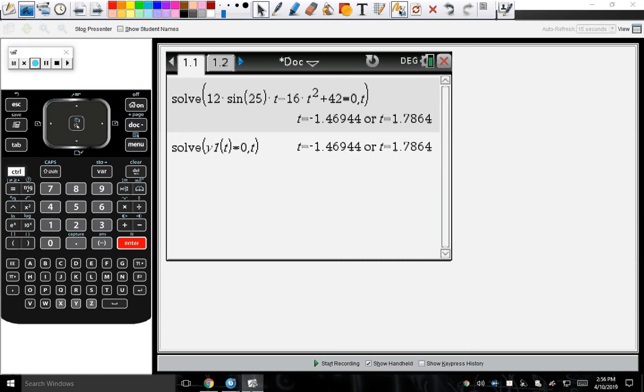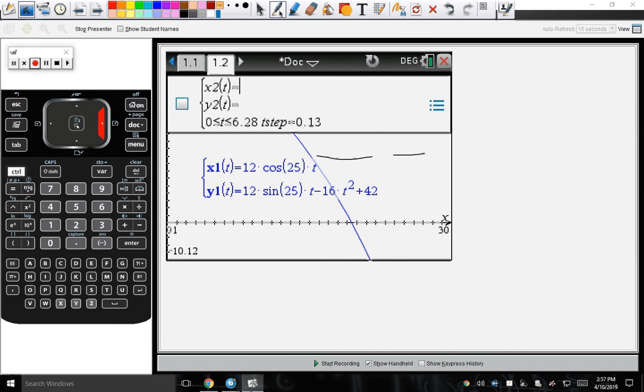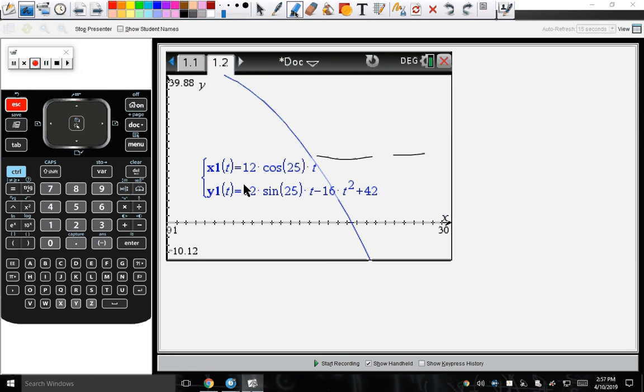Can someone tell me why we have 2 answers? Nice. T squared, because it's a quadratic, a parabola. So if I looked at the graph that I had from before, escape to get rid of that, this is what the graph is doing. It's falling, falling, falling, but it also does this because of this negative 16t squared.